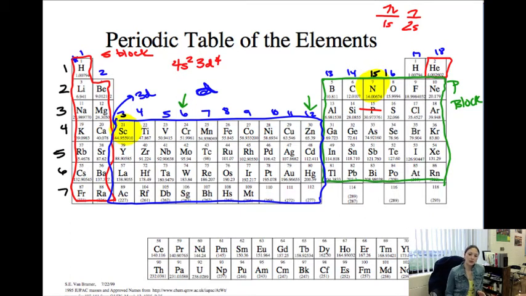What actually happens in real life with anything in this row here is that one of these electrons, part of the S, actually bumps itself up and evens out that D. Because as we looked at before, D's have 5 little lines.